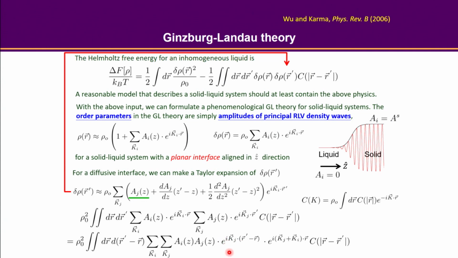The trick is I can combine those two exponential factors into these two new things. But you can see here I have the exponential i kj dot r prime minus r. But in the very beginning, for kj, I only have r prime, right? So I'm actually adding one more term, exponential minus i kj dot r.